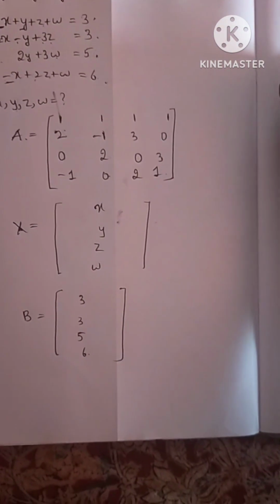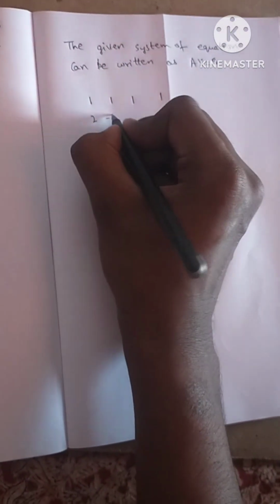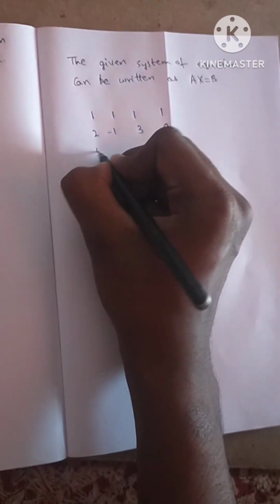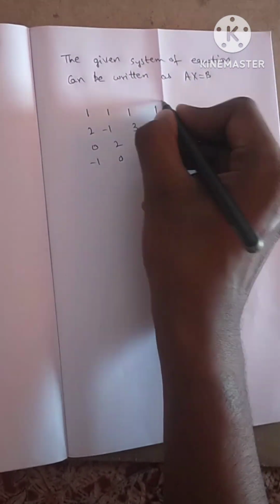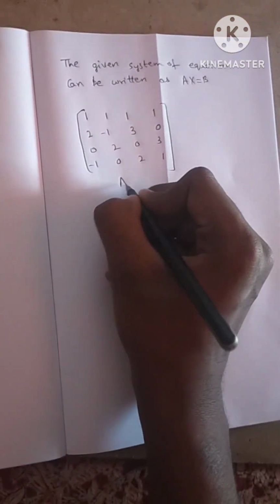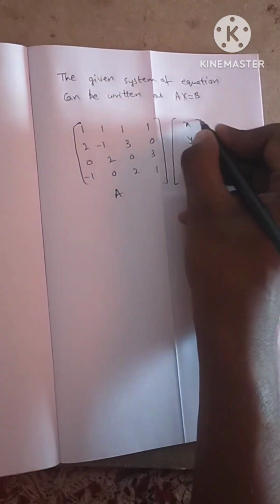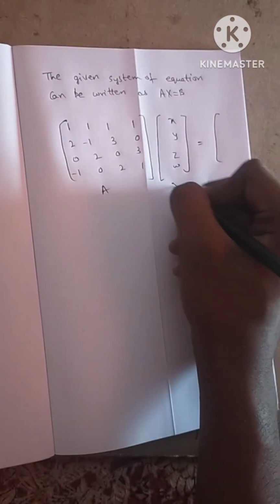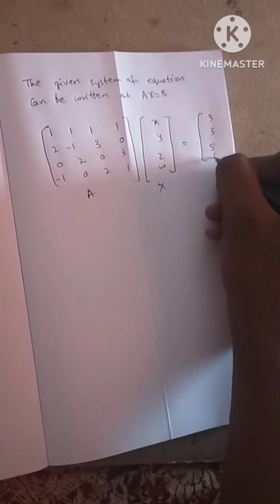Note the same thing here in the form of Ax equal to B. This is A: 1 1 1 1, 2 minus 1 3 0, 0 2 0 3, minus 1 0 2 1. The next is X, which is x, y, z, w, and B is 3, 3, 5 and 6.